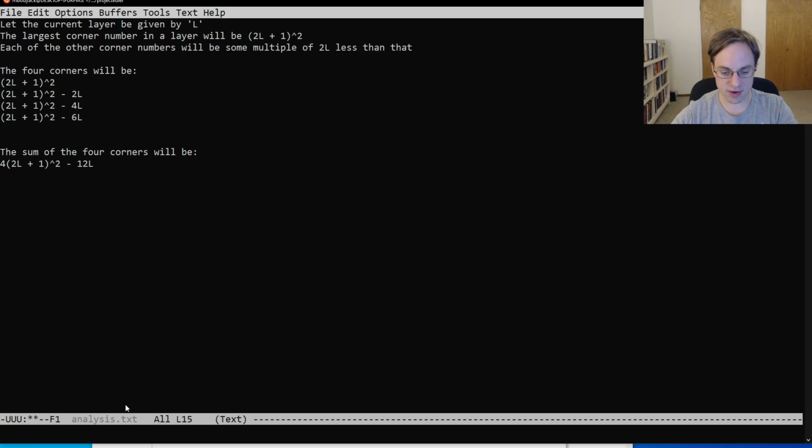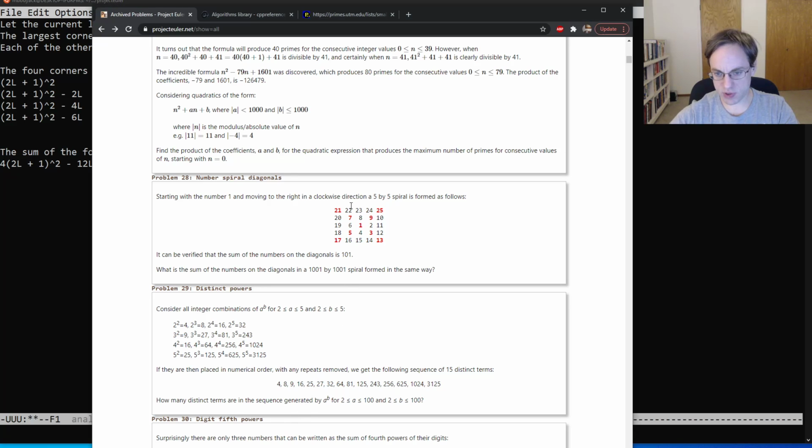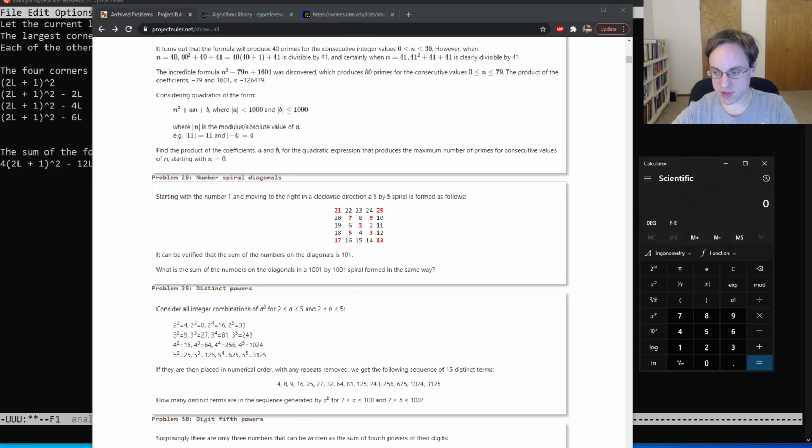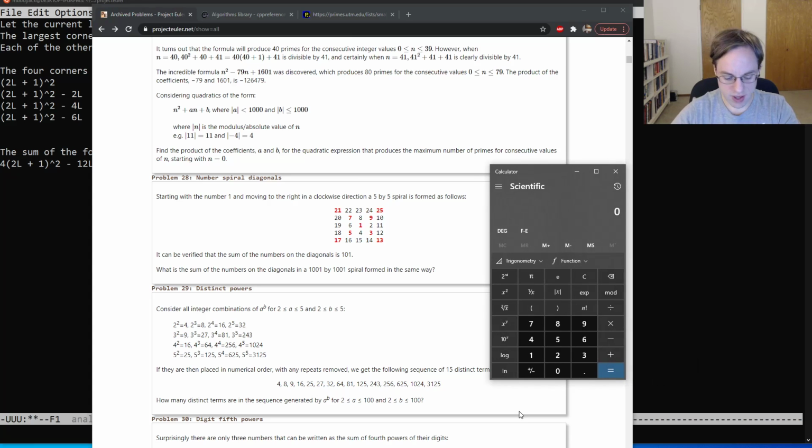If we look here, let's pull up our calculator. We're going to have 21 plus 25 plus 17 plus 13. So we would expect that the second layer will have a sum of 76.